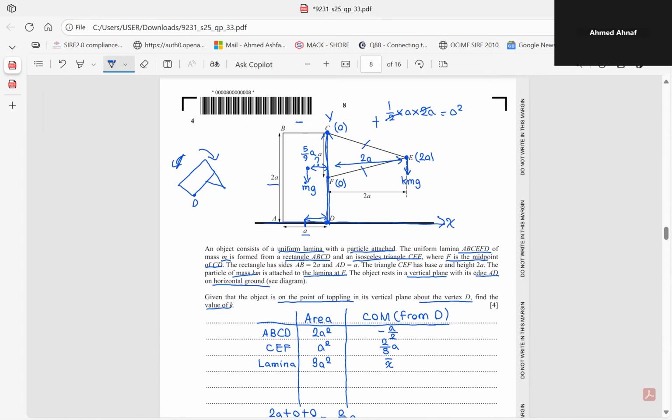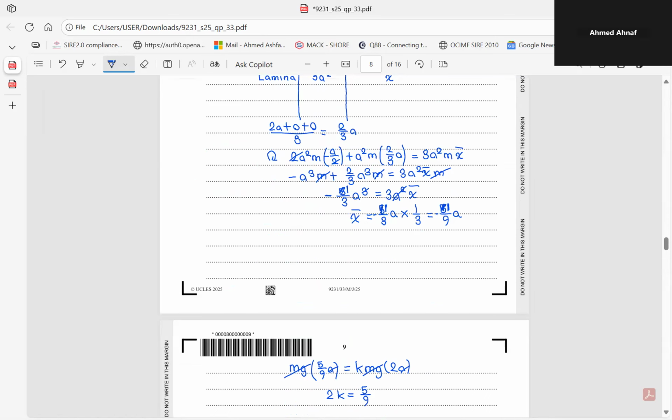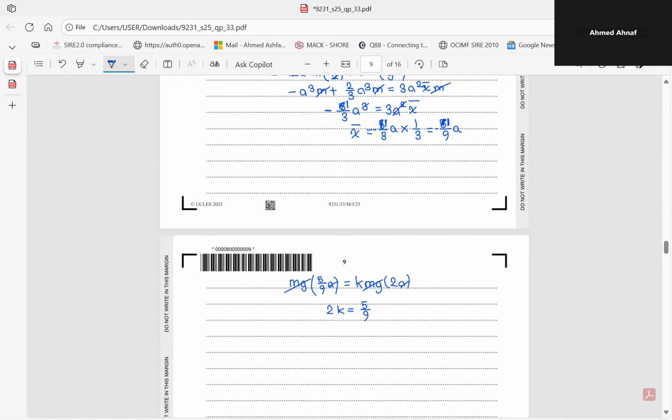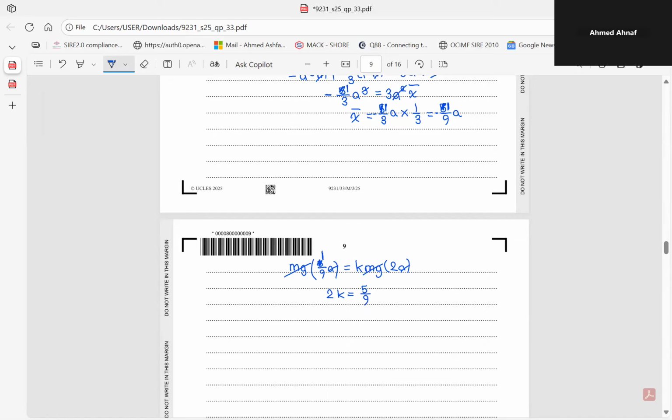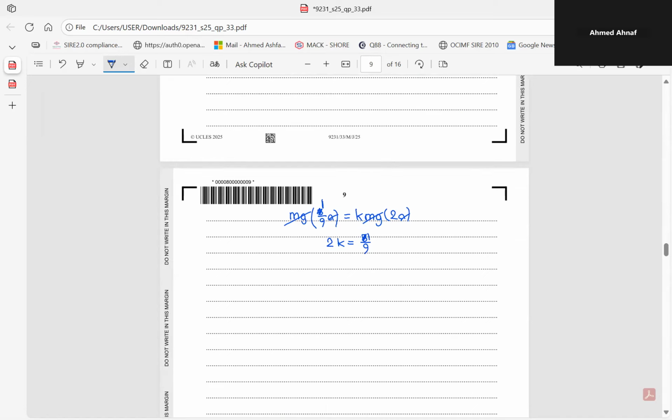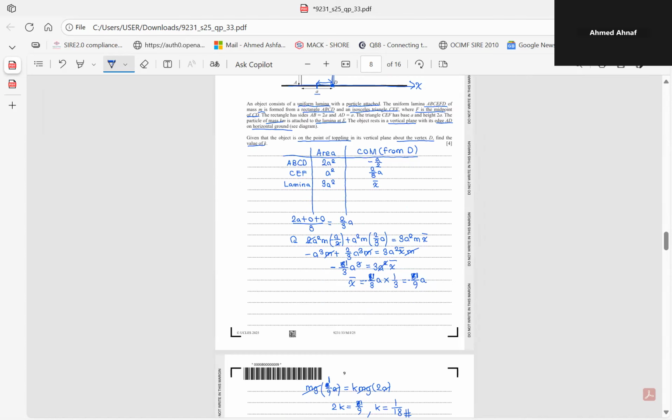So that means the center of mass is here, to the left of the y-axis, 1 over 9a from the y-axis. So this distance is going to be 1 over 9a. So 2k equals 1 over 9a, and then k is 1 over 18. Yeah, so this is our final answer for this whole question.